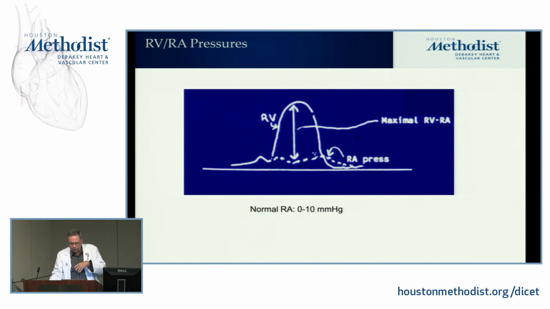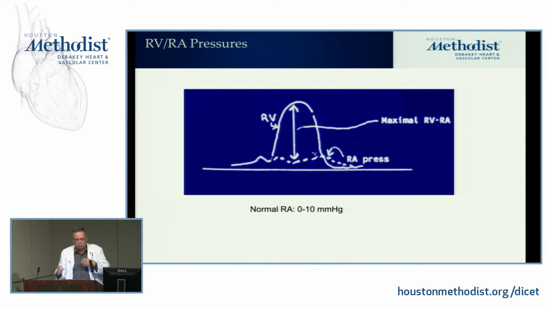And of course, a regurgitant valve becomes a discrete membrane. A stenotic valve becomes a discrete membrane. So you have discrete stenosis when you have stenotic valves, and you have discrete stenoses in a regurgitant valve.